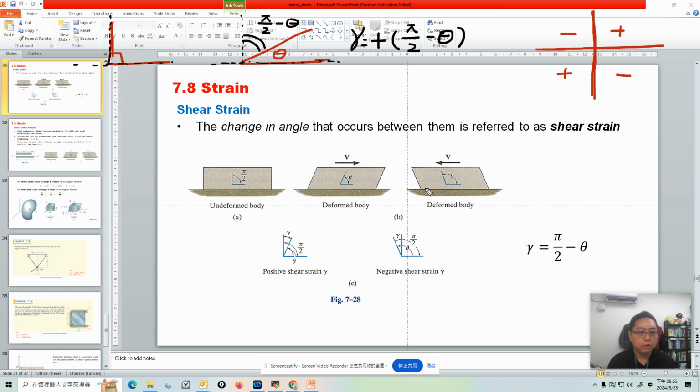Now let's apply the other situation. Suppose after the deformation, it becomes like this, and this will be theta. What's the shear strain in this situation? We still draw the reference.